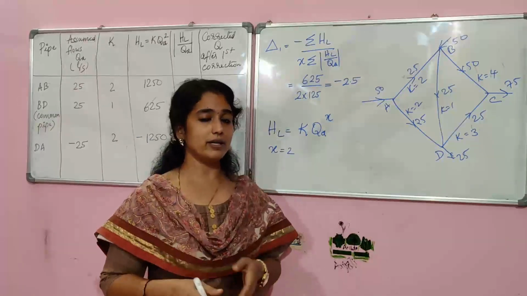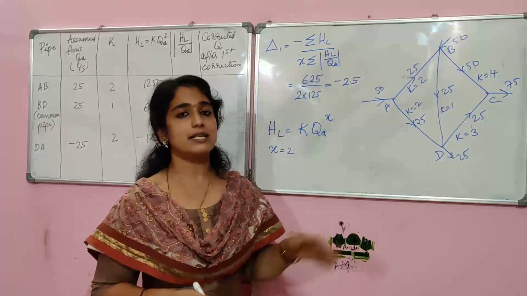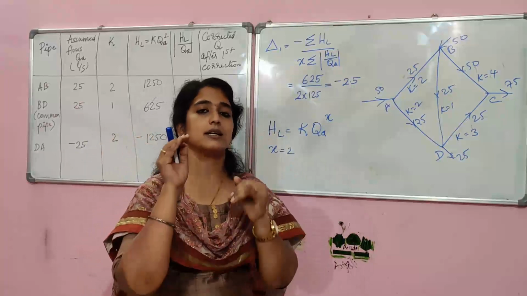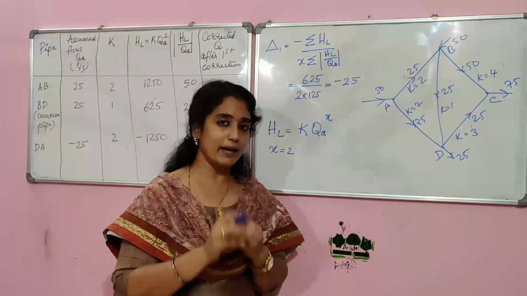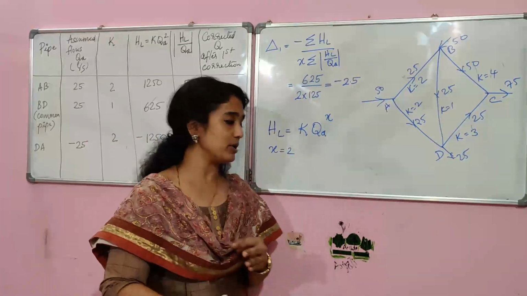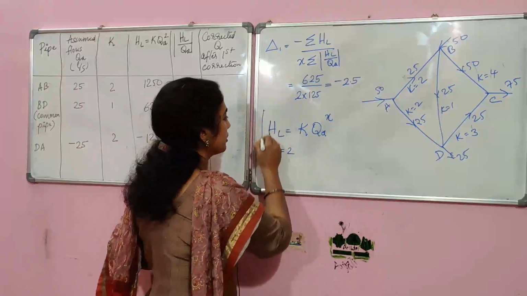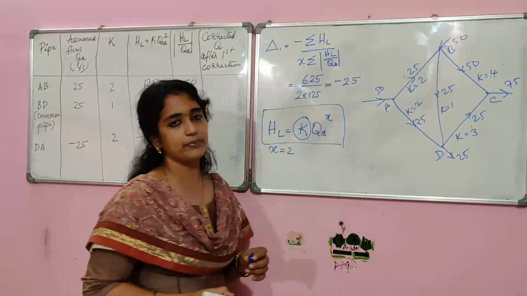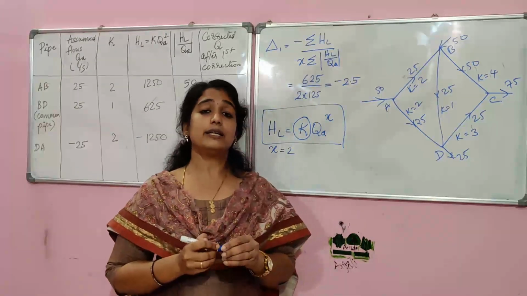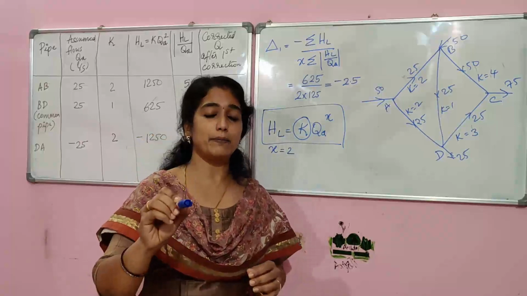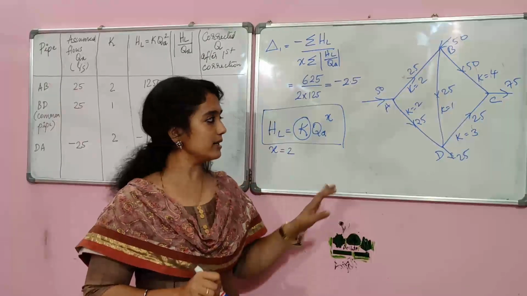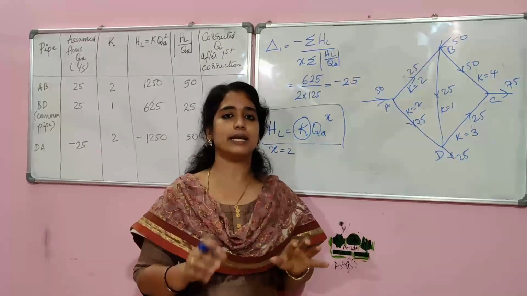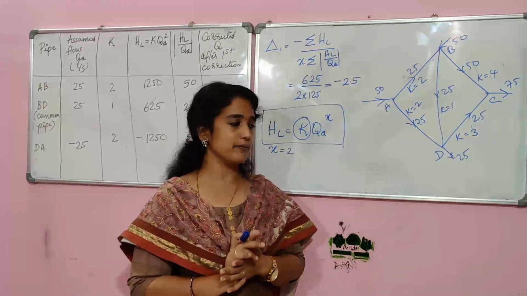If it is not given, then you have to convert that equation, that is Hazen-Williams formula or Manning's formula or Darcy-Weisbach equation, into this particular format. Then you will get the equation for K, and calculate the K value for each pipeline in that pipe network. Here it is already given, so you don't need to take care of that K value in this question.